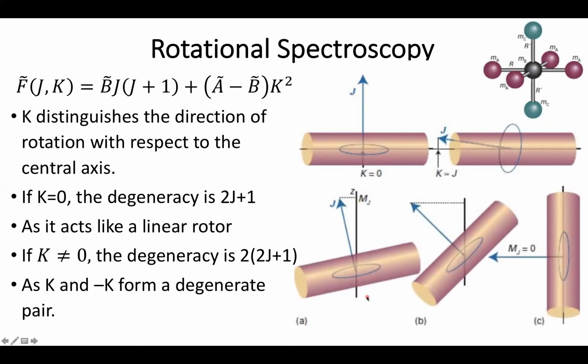This is usually derived based on the measurement of a magnetic moment in an external z-plane. So again, note the difference between Ks and M sub Js. M sub Js will never change the energy levels. Ks can.